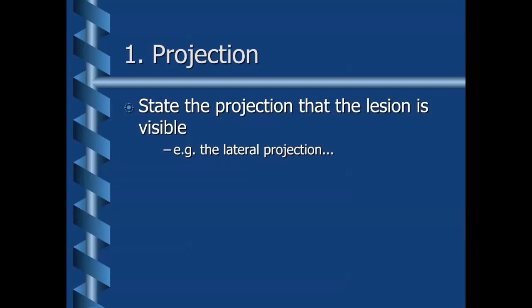So it might be, as the example states here, you might be able to view it in the lateral projection, but you can't view it in an AP projection. And it might just be there might be other bones overlying the bone that you're looking at with this lesion. So that's important because that obviously leads the person reading your notes to the exact projection that you see the lesion on.